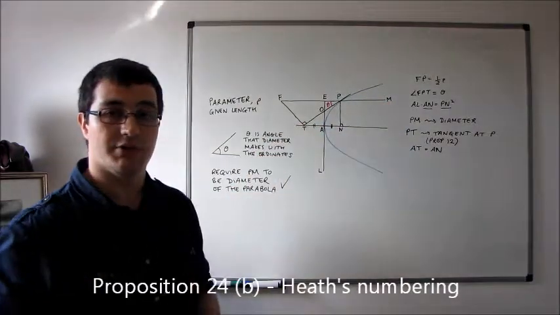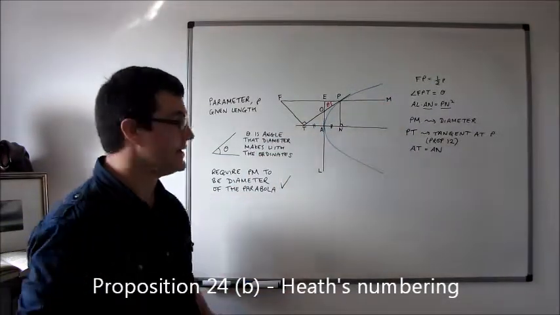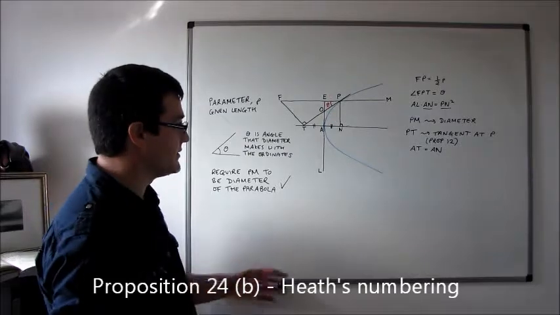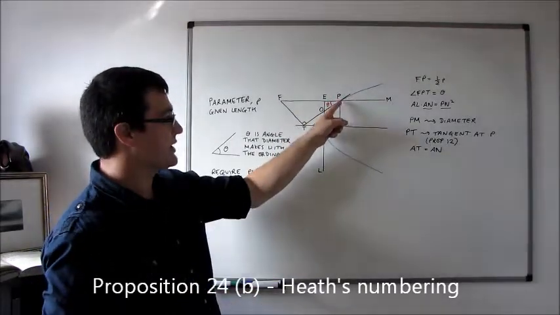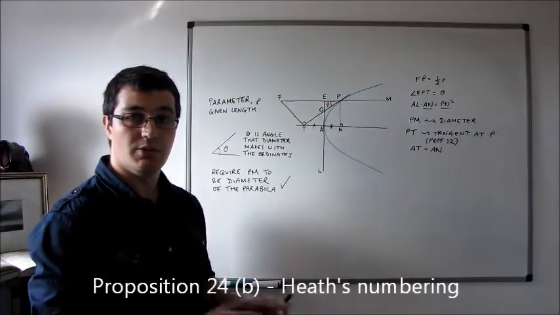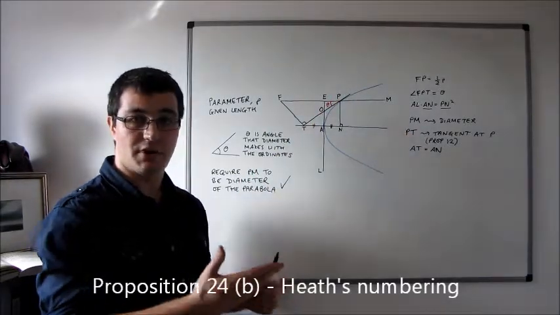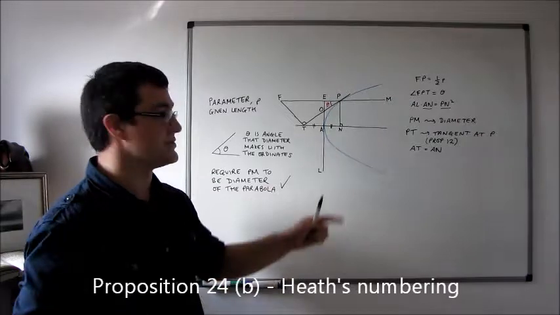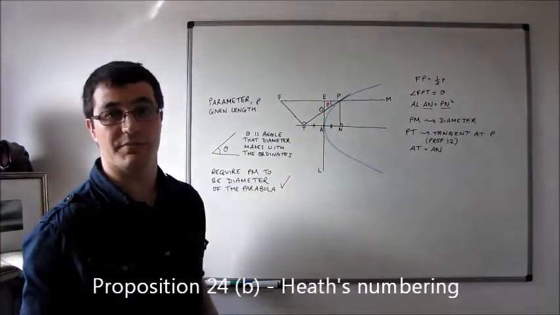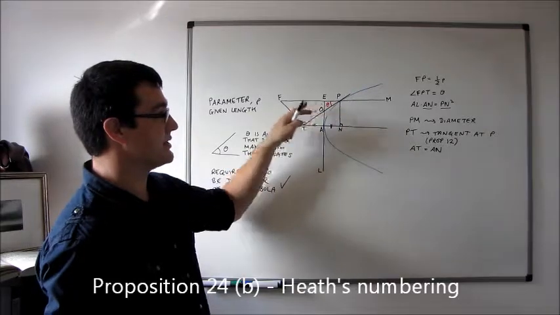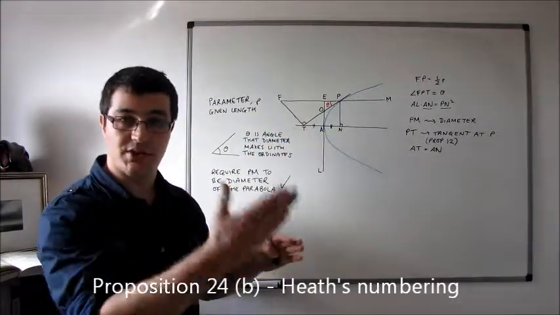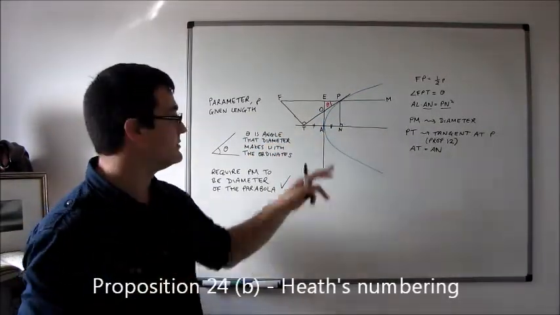We also know from proposition 20 that I proved in the last video that I made, that the diameter at the point P will bisect all of the chords parallel to the tangent line at the point P. Well, if the tangent line at the point P makes an angle theta with the diameter PM, then so will any line parallel to that tangent line.